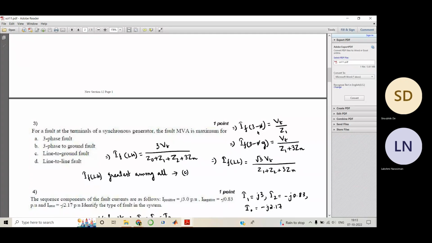So then see, if it is occurring at a far away point, you have a sufficient amount of zero sequence reactances getting added up, because you have your synchronous generator, then a transformer, then a transmission line. Then your denominator gains a certain amount of value. So in that case, the level of the fault would get reduced, and as a result, we will say that our three-phase fault is more severe than line-to-ground fault.